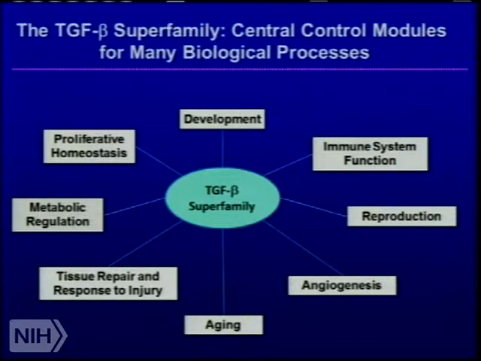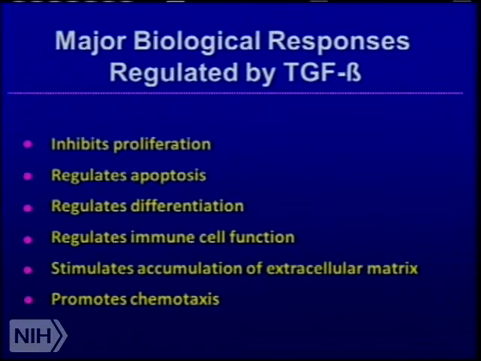So whatever process you can imagine, TGF-beta has some role to play in that process. Major biological responses that are regulated by TGF-beta include the inhibition of cell proliferation, regulation of apoptosis, differentiation, and immune cell function. TGF-beta also stimulates the accumulation of extracellular matrix and can promote chemotaxis.